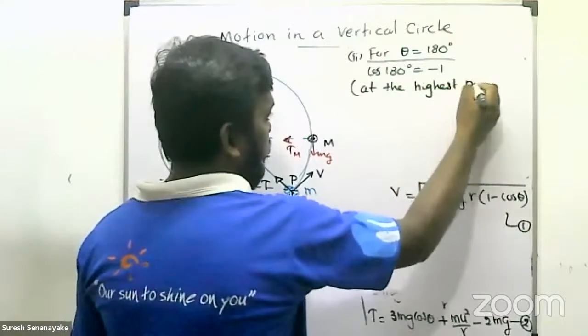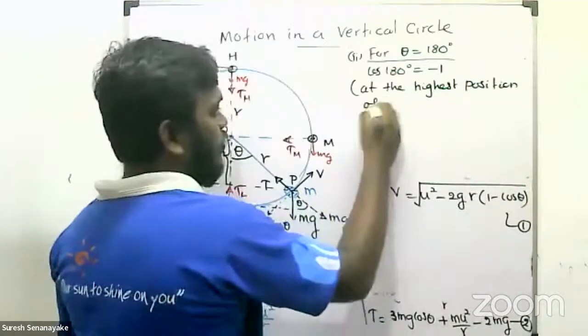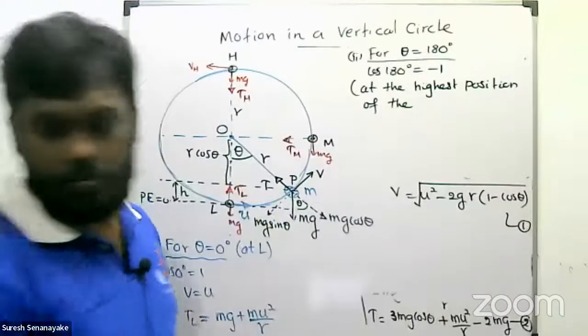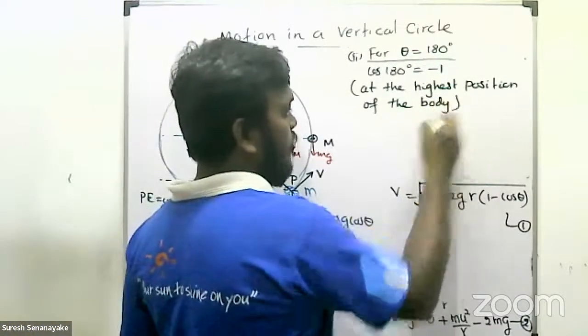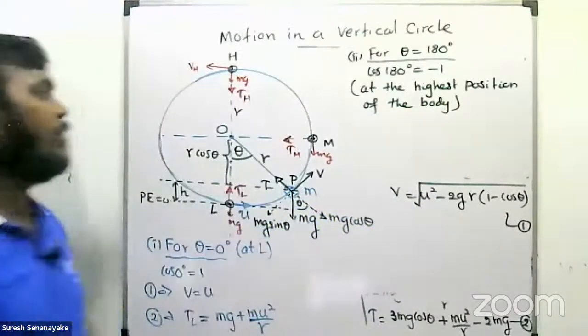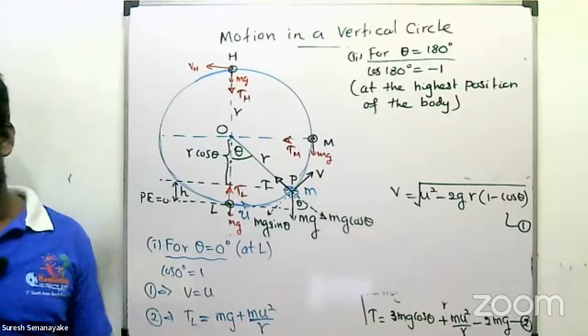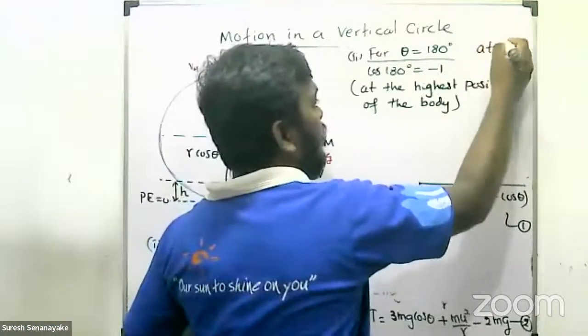That's the position. That is the highest position of the circle, or the highest position the body can reach, which is at H.